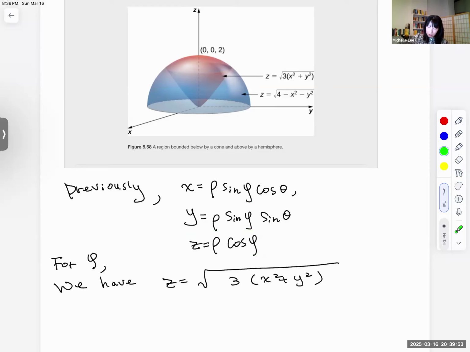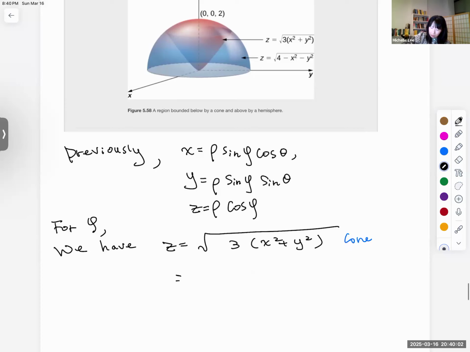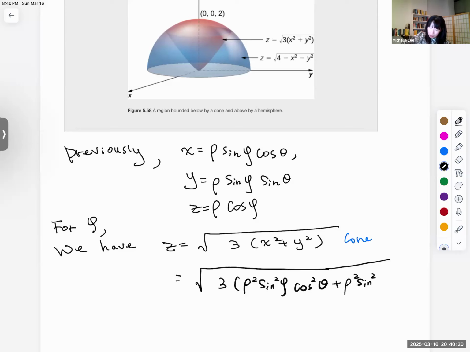So this is for the given cone. And let's convert things. So square root of 3 times x squared, which is rho squared sine squared phi cosine squared theta, plus y squared, which is rho squared sine squared phi sine squared theta, right?